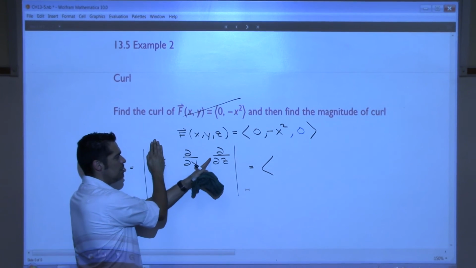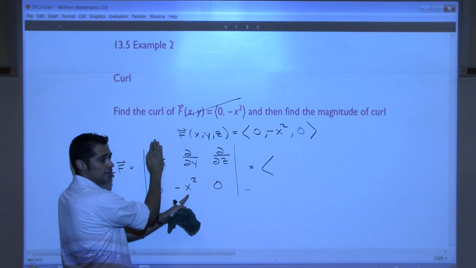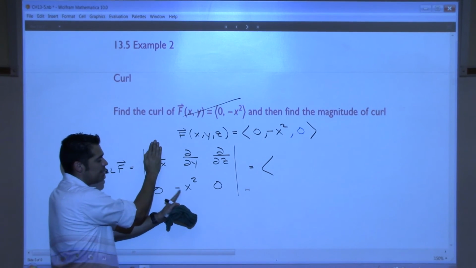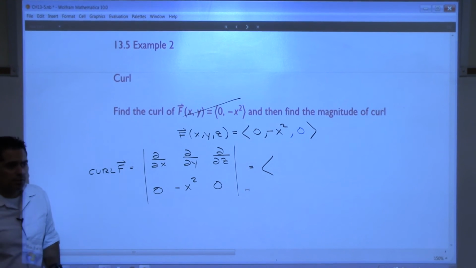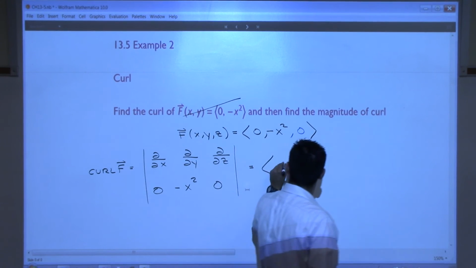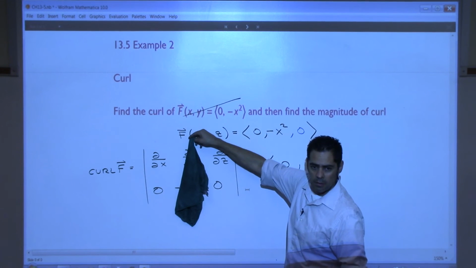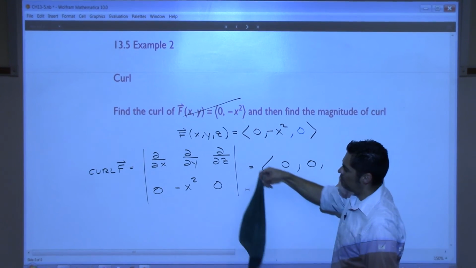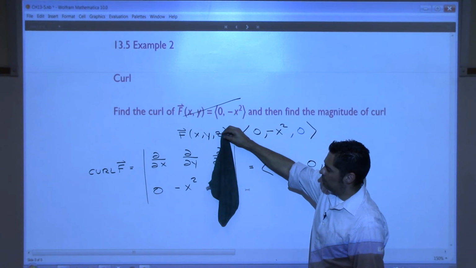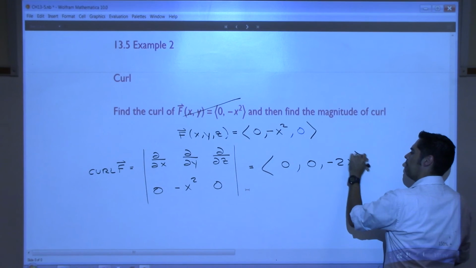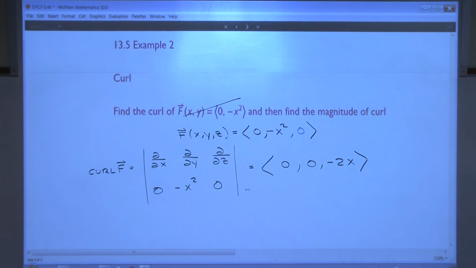Take away partial of x squared with respect to z. Just 0. Sorry, I didn't see negative x squared. Just 0, right? Because you're treating negative x squared like a constant. So you're getting 0 there. And then when you do this one, 0. And when you get this one, negative 2x. All right? What's the magnitude of the curl?